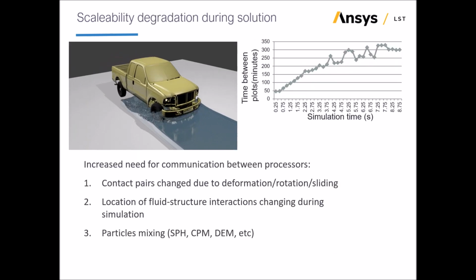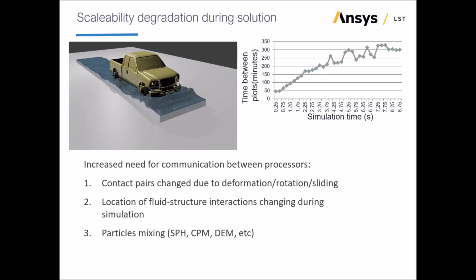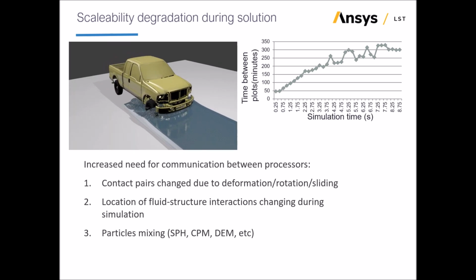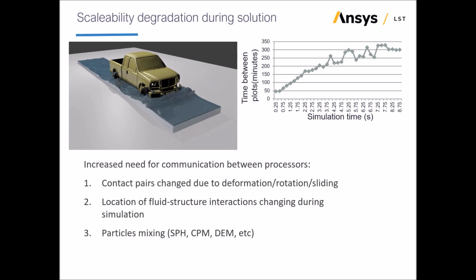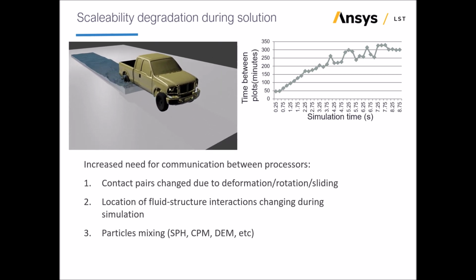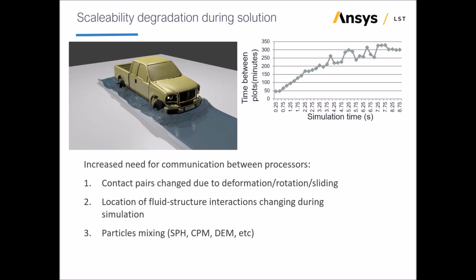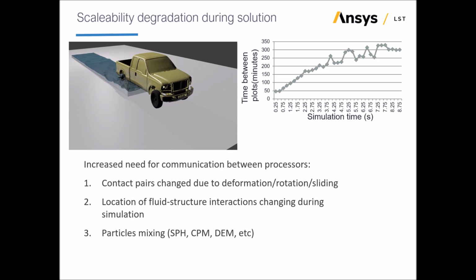For some types of models, scalability becomes markedly worse during the analysis. In this example, the graph shows the wall clock time between consecutive D3plot file outputs. By the end of the analysis, it's crawling along 6 times slower than it was at the start of the analysis. This can be caused by the load becoming unbalanced.